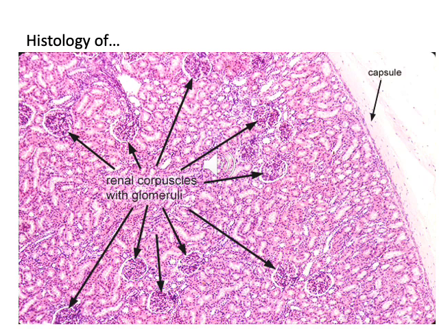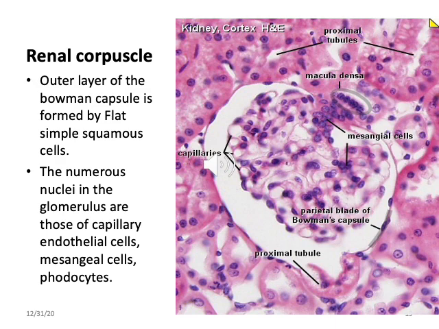This is the histological appearance of the renal cortex. You can see the dark purple colored area indicates the renal corpuscle, which comprises the Bowman capsule and the glomerulus. This is the large image of the renal corpuscle.